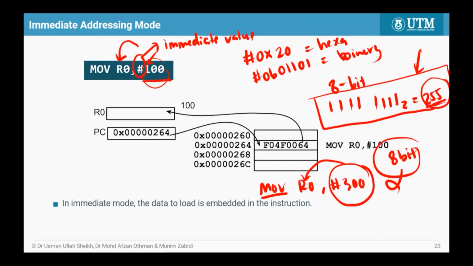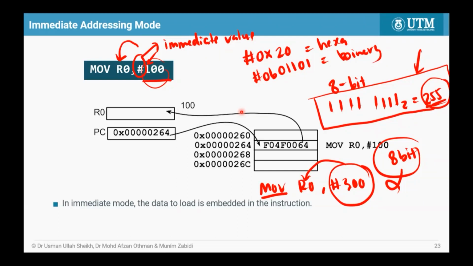So this is what happens inside your memory. This is actually the program memory, in which the instruction MOV R0, hashtag 100 is located at address 000264 inside your program memory. The CPU will go to this address and take the instruction.